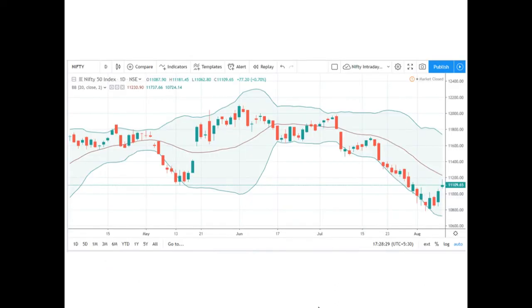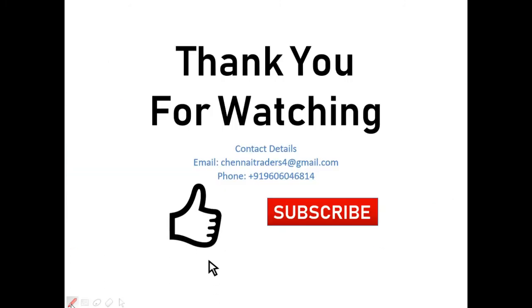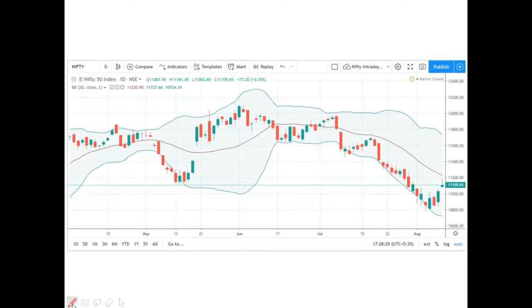Let's look at the actual screenshot of a candlestick chart. Here we have again the Nifty 50 index. Here we have the shorting signal. Here we have a sell signal.